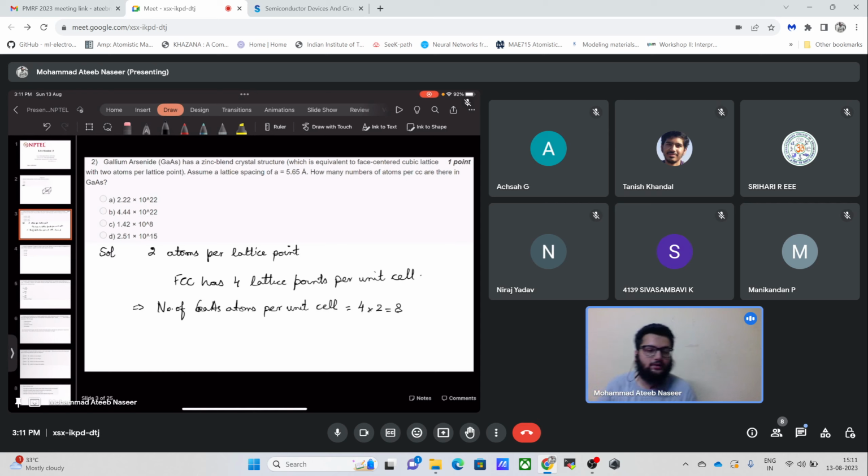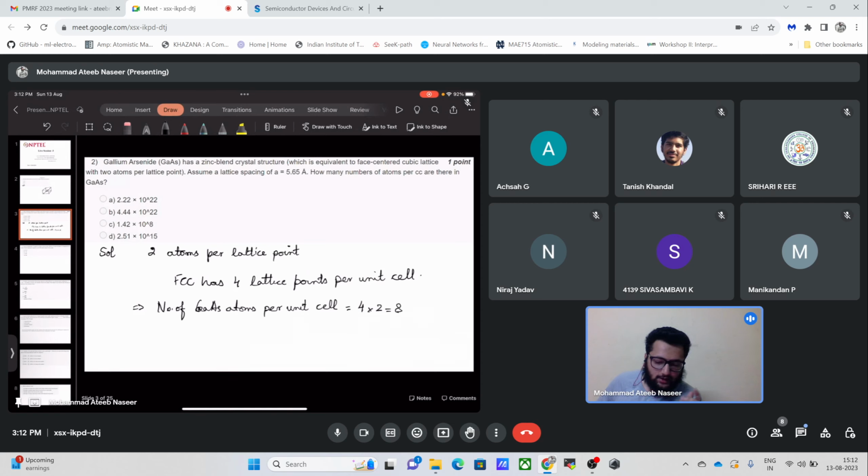That's what we found in the silicon as well, but in that kind of problem they were all of the same kind. They were all silicon atoms, but here we will be having one gallium atom and one arsenic atom. For example, if this gallium atom is lying at the 000 coordinate in some plane, this other atom, the arsenic, will be lying at 1 by 4th, 1 by 4th, and 1 by 4th from this gallium atom.